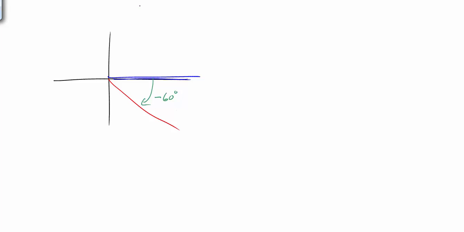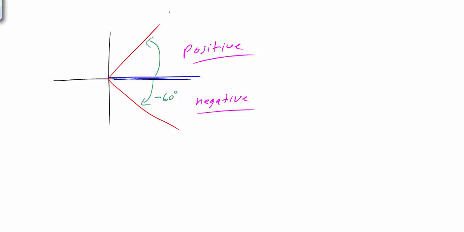So when we go this way, your angle is going to be negative. And if your angle is rotating in a counterclockwise direction, the angle is going to be positive. Okay, so that's how we determine whether your angle is going to be positive or negative.